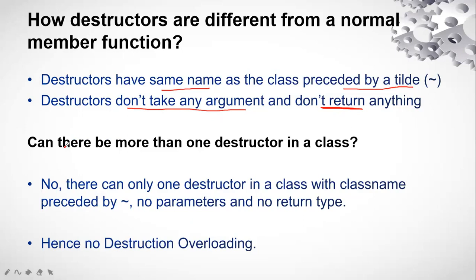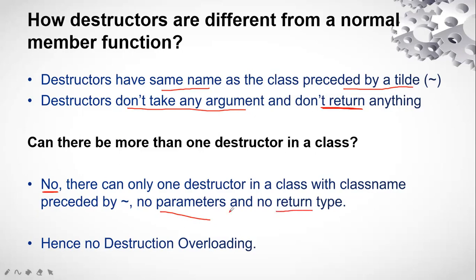Now, there's a question: can there be more than one destructor in a class? The answer is of course not, because we cannot use more than one destructor in a class, with the class name preceded by a tilde operator, no parameters and no return type.